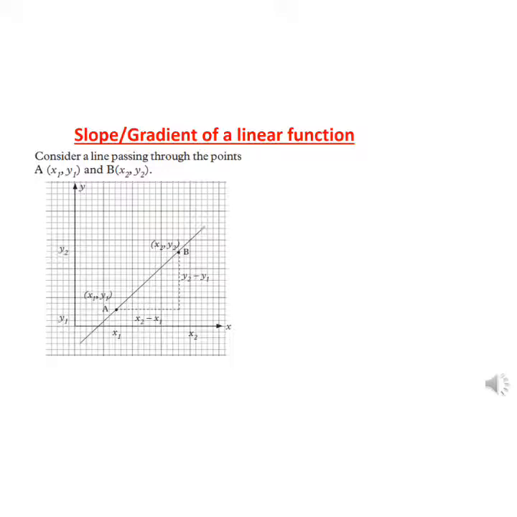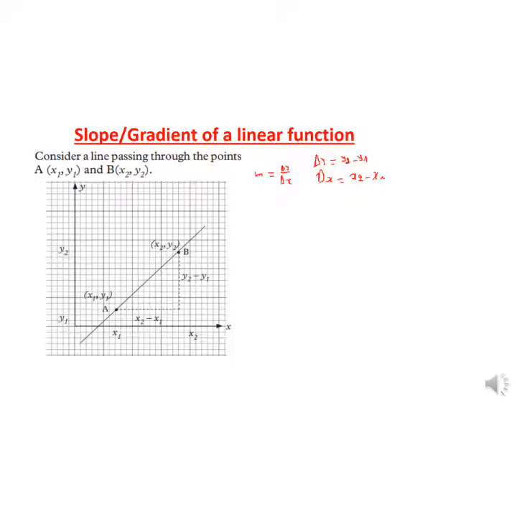The slope, using the letter m, is equal to the change of y coordinates over the change of x coordinates, where the change of y coordinates is equal to y2 minus y1, and the change of x coordinates is equal to x2 minus x1.